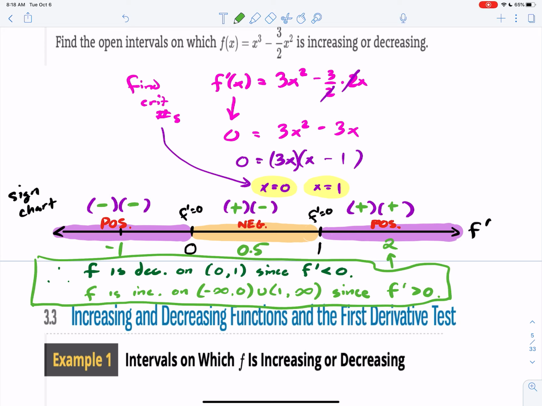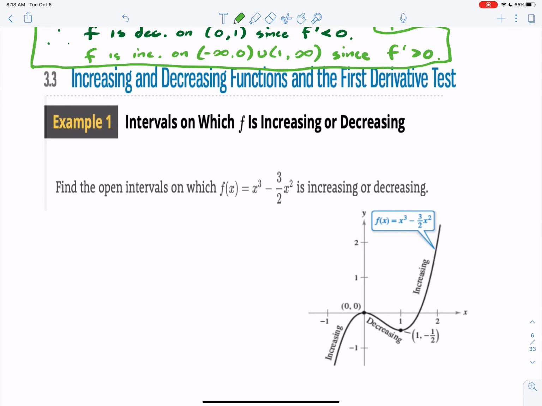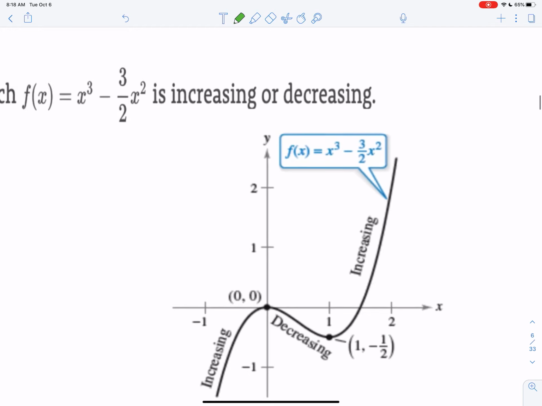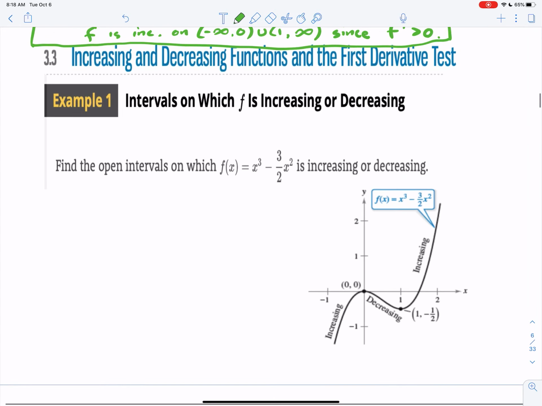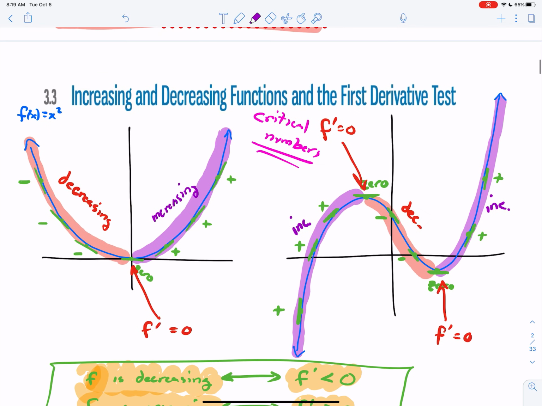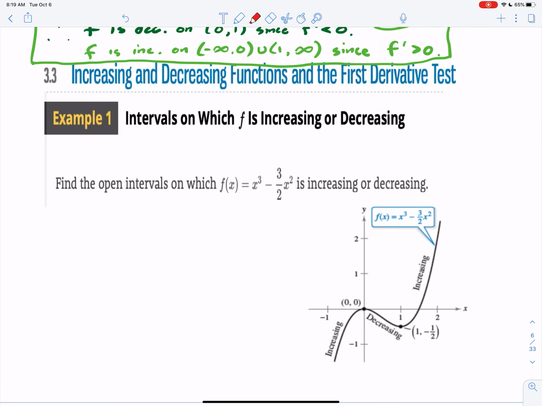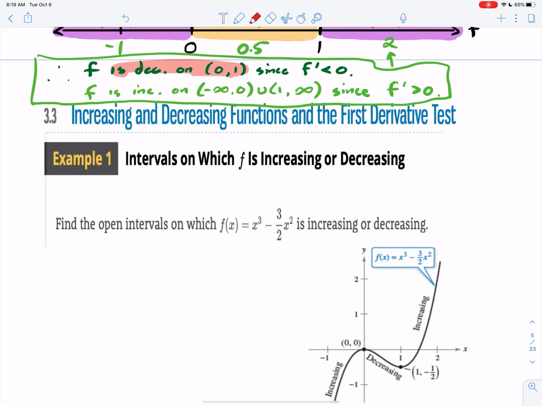Okay, so if you have any questions so far, make sure that you pause and you ask me, okay? So take a look. This is our actual picture. We said that the function is decreasing. What color did I use for decreasing? Red, right? Okay, I'll use the same color. So we said that f is decreasing from 0 to 1.